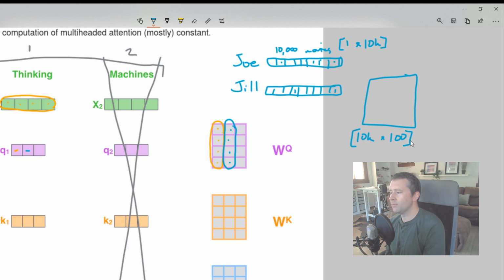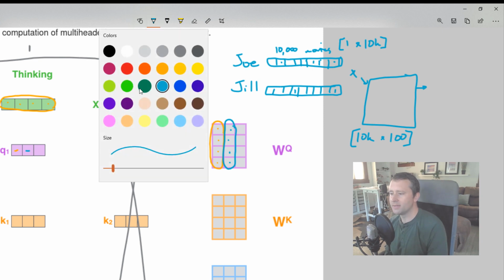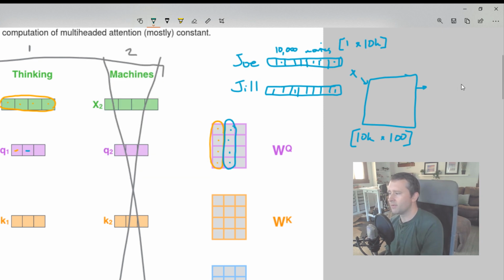And what we do is we multiply the set of movies that Joe's seen against this projection matrix. And what we get out is a totally different vector that is now 1 by 100.